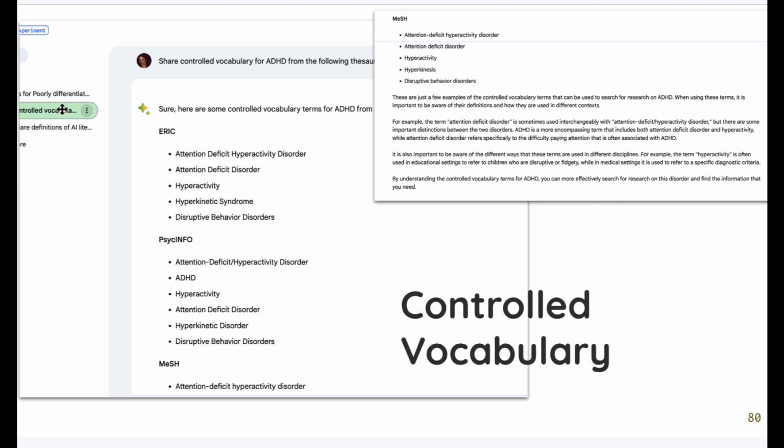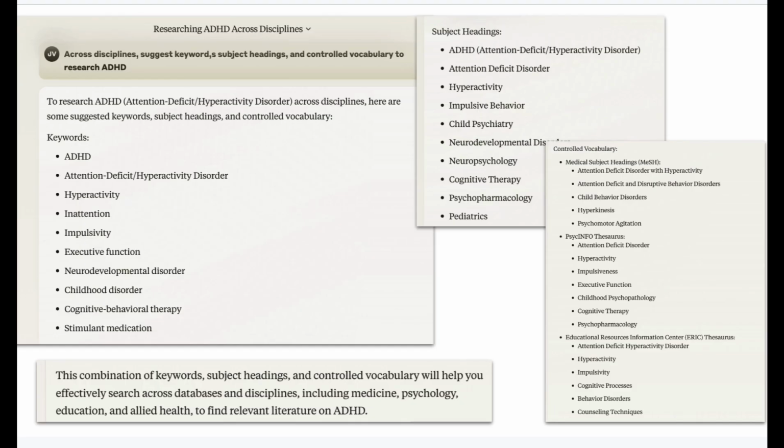There were some similar subject headings, but this is a really good way to ensure that you're covering all of the various ways that the various disciplines might describe an issue without necessarily having to make stops in every one of the thesauri. Here's what the search looked like in Claude, and you can see a little bit more of the differences there across the thesauri.